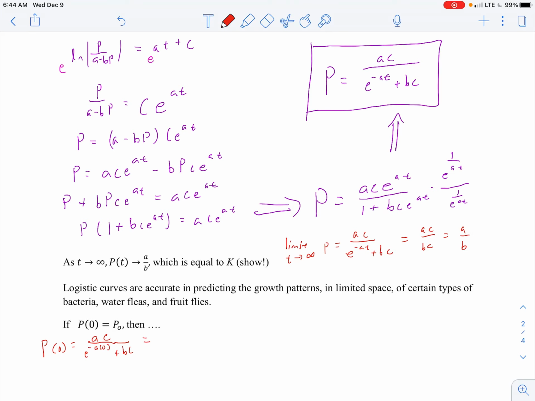And so that's going to turn into just AC over 1 plus BC. And we're again told that that's going to equal P sub 0.